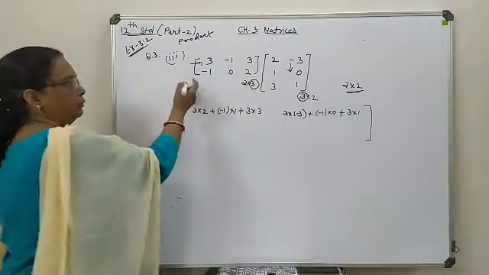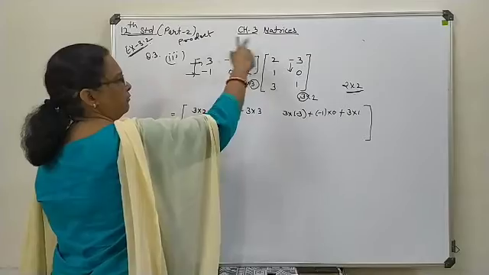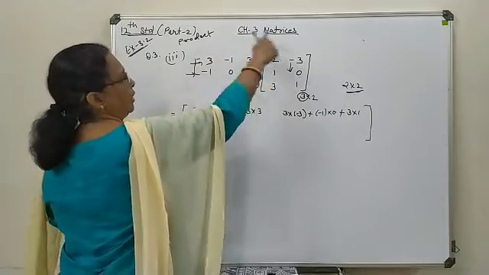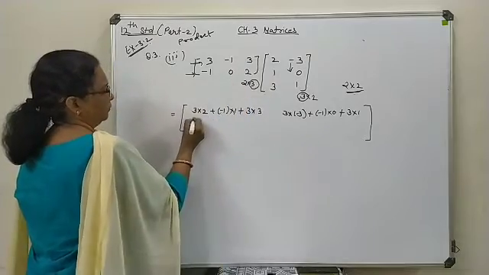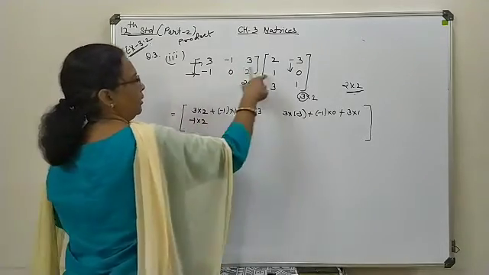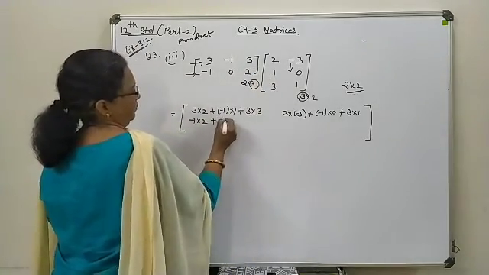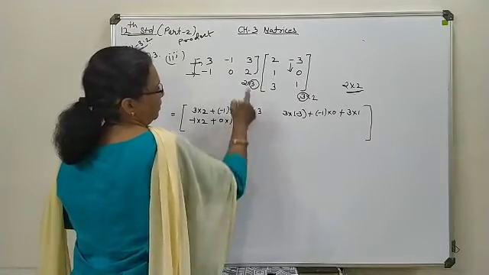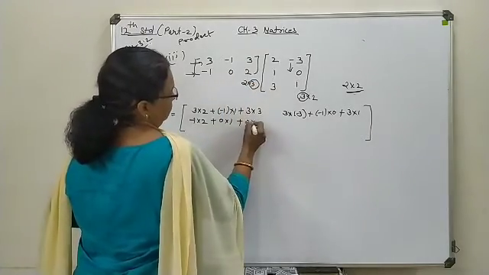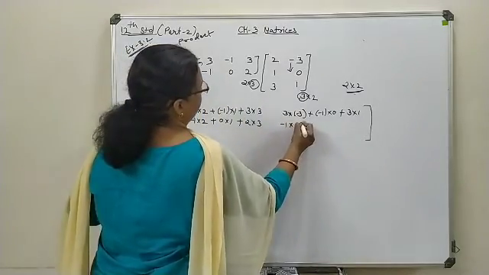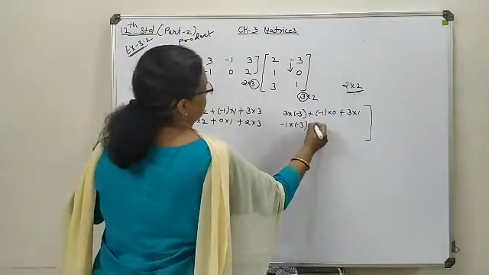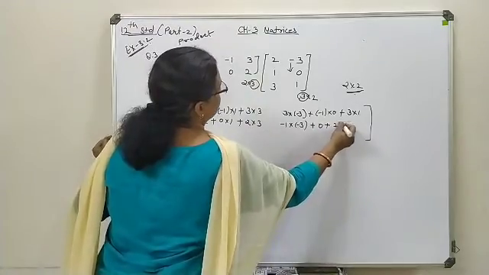Move to the second row. In the same manner, first you take the first column multiplication, then move to the second column. So minus 1 multiplied with this 2, 0 into 1, plus this 2 into 3, minus 1 into minus 3, 0 into 0, 2 into 1.